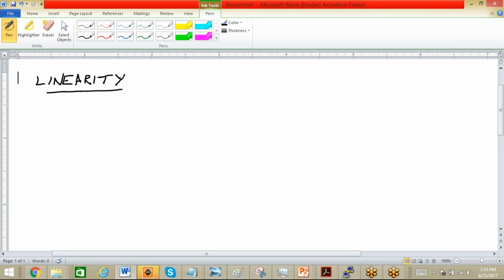Now about the linearity, the relationship between input and output of the system is a linear map. For example, let's say we have some input x1(t), providing the output y1(t).